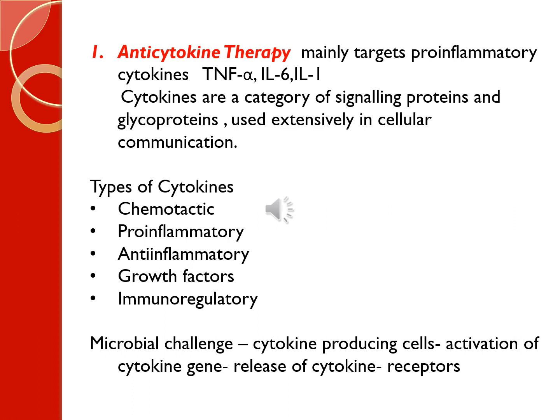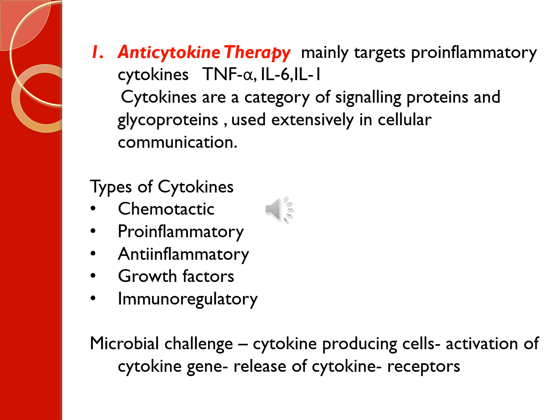In the types of cytokines, you have chemotactic, pro-inflammatory, anti-inflammatory, growth factor and immunoregulatory cytokines. As I've mentioned, interleukin 10 and interleukin 4 are anti-inflammatory cytokines. When you have a microbial challenge, the inflammatory cells, which are the cytokine-producing cells, lead to activation of a cytokine gene.